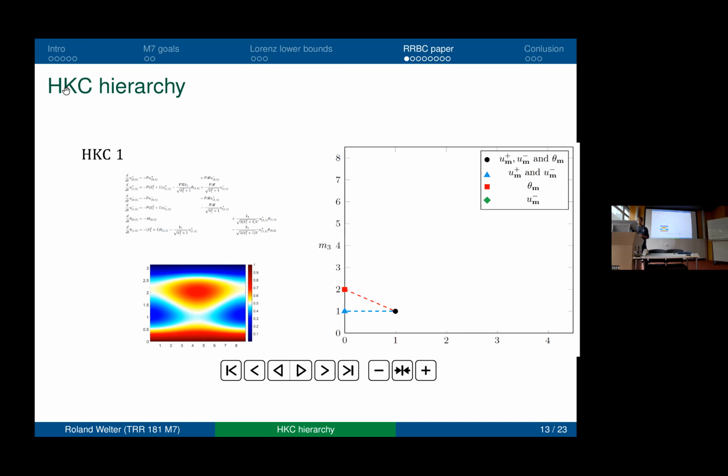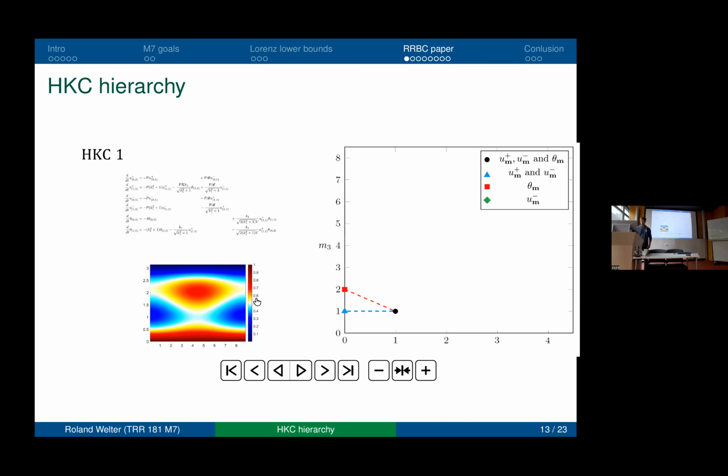So I created a hierarchy of models where the lowest order model is just the Lorenz equations, and then generalized it to arbitrary Fourier truncations. So here we just have one Fourier mode and a small ordinary differential equation.